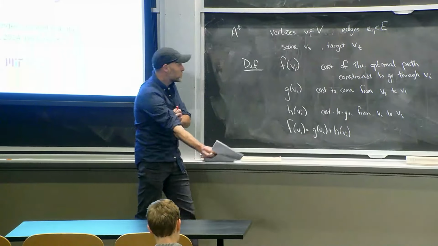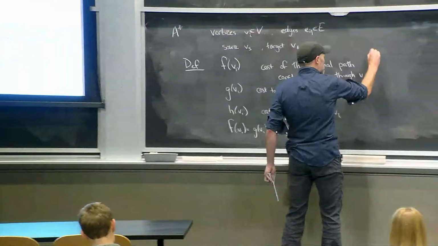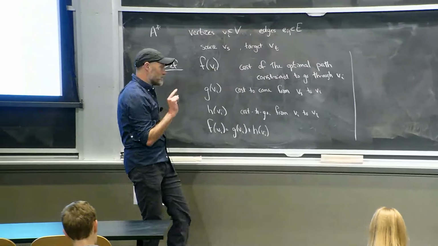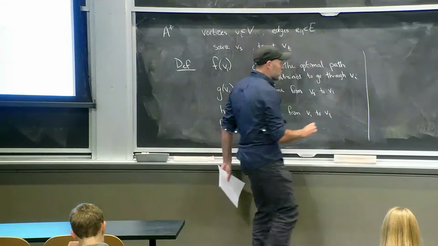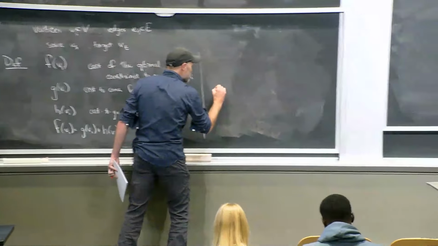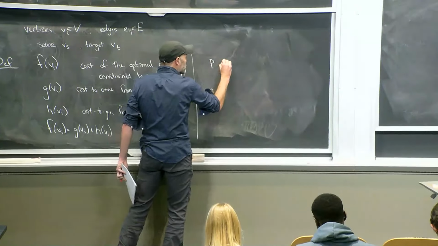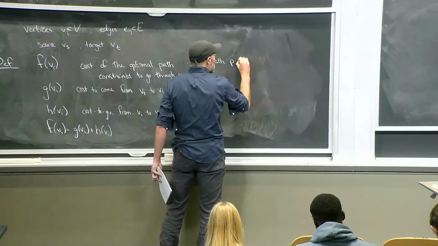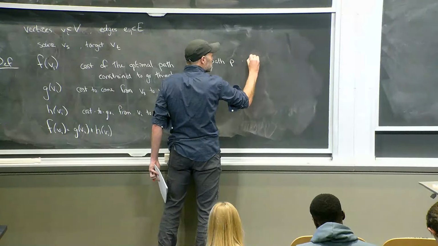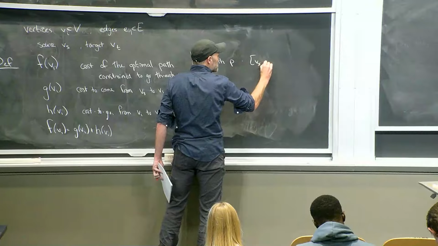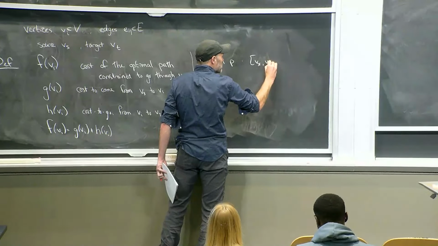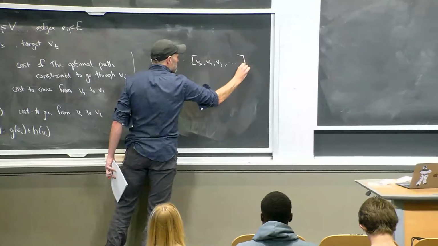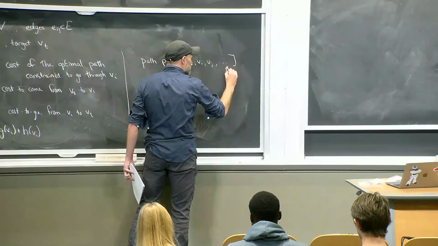The way things proceed in A-star is you can take candidate paths through the graph and evaluate them. Say a path P through the graph, which is just a list of vertices, V_source, V_i, V_j, and it doesn't need to get to the goal.